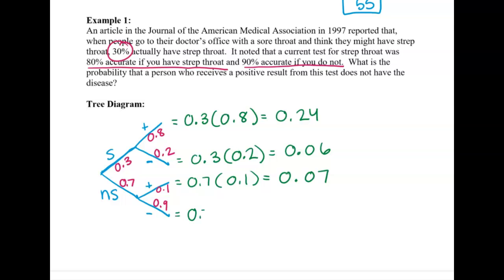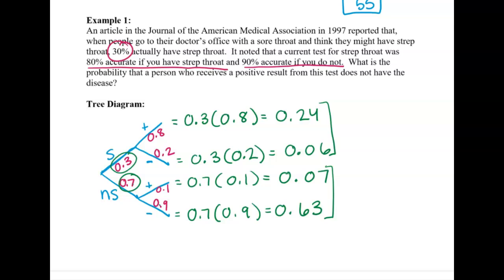And then 0.7, just following our tree again, times 0.9 is 0.63. And if you add those all up, they do add up to 100%. And 0.24 plus 0.06 adds up to our initial 0.3. 0.07 plus 0.63 adds up to our initial 0.7.